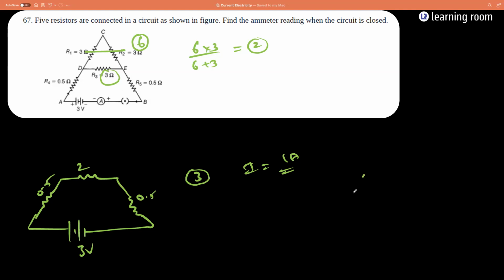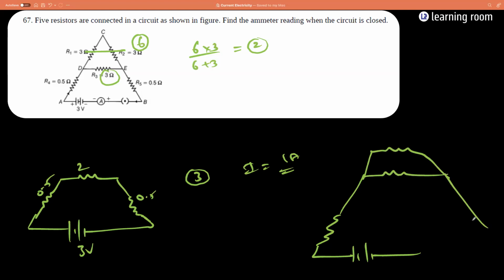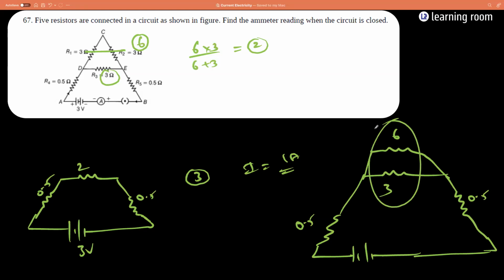After that, you have to draw another circuit in such a way that this is 0.5, this is 0.5, this is 3, and this is 6. Again, you have to mention that these two are in parallel and then proceed. Got it? Yes, sir.